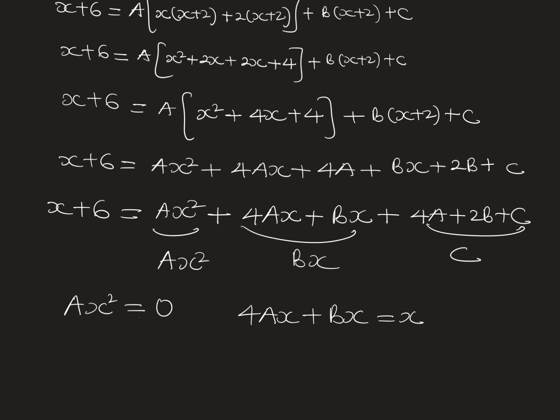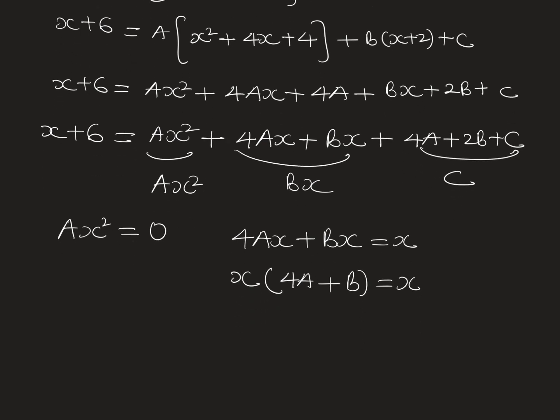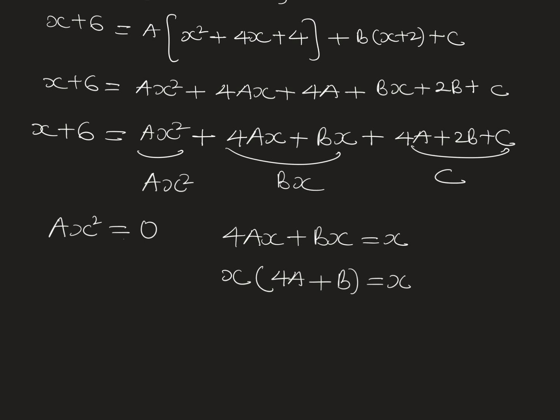So if we factorize x, we'll have x into 4a plus b is equal to x, right? So which means this x will cancel this x, so 4a plus b will be equal to what is the coefficient of x. If there is no number written in front of it, it means the coefficient of x is 1. All right, so which means 4a plus b is equal to 1 can be our equation 1.